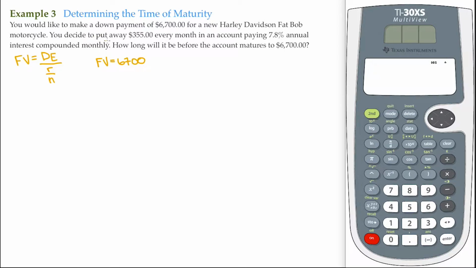So you decide to go ahead and put away, deposit $355 a month, so that's D. In an account that pays 7.8% annual interest, so that's our rate.